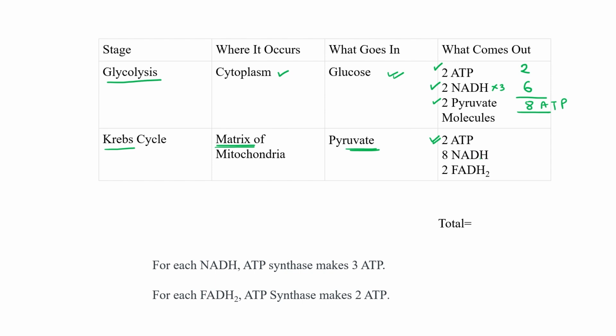That is for 1 molecule, and this is for 2 molecules. So 2 ATP, 8 NADH, and 2 FADH2. So can I write down 2 over here and 8 into 3, 24 ATP, 2 into 2, because 1 FADH2 is equal to 2 molecules of ATP. So 4. Can I write it down over here? So what is the total number? 30 ATP.